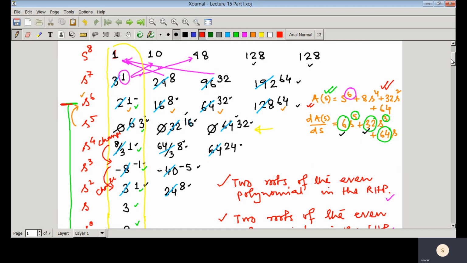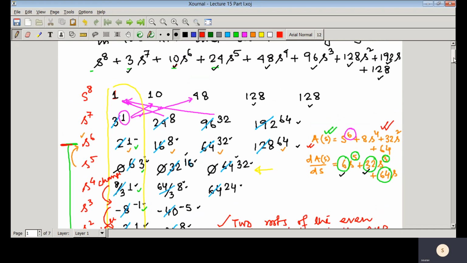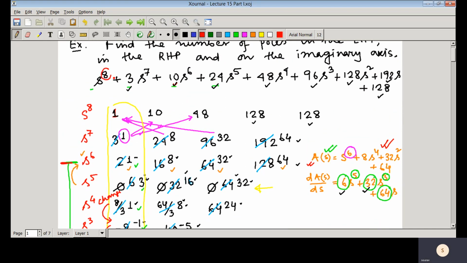Now we can see here this particular polynomial is with degree 8. So that means there are 8 roots, and this particular part is showing the location of the other 2 roots. So here you can see that there is no change of sign. So this is 1, this is 1, and this is 1. So there is no change of sign.